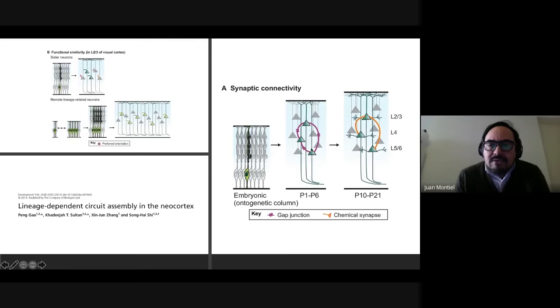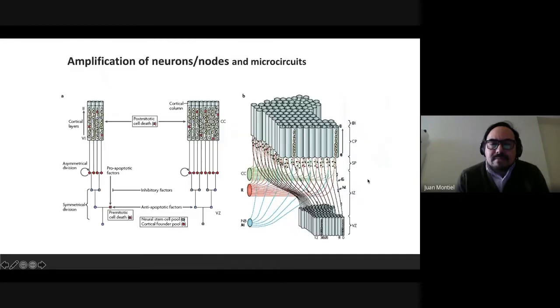And then during the maturation process, after birth, this connectivity is going to be reinforced by chemical synapses. And then we will have this microcircuit that is able to process information.